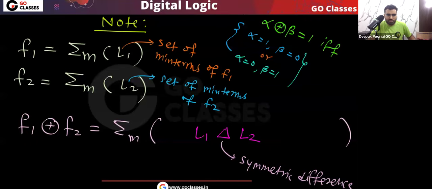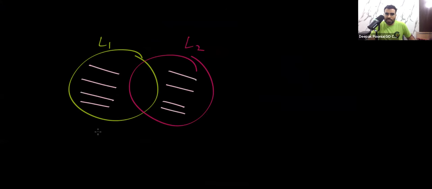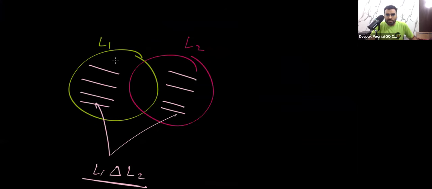What is symmetric difference? Let me quickly tell you. If you have two sets, let's assume you have set L1 and another set L2, then the symmetric difference is this area. You can see in this area, these are included in L1 but not in L2, and these are included in L2 but not in L1.